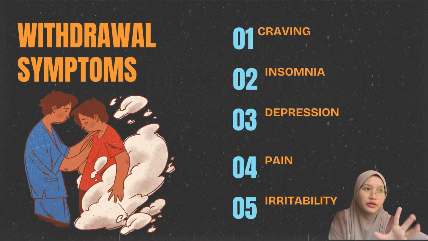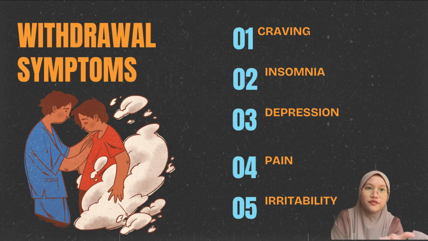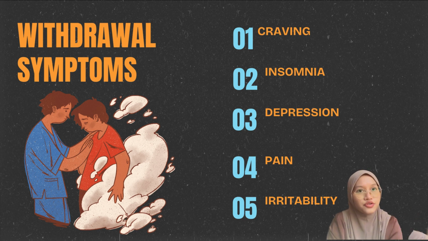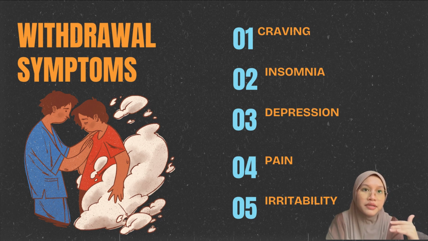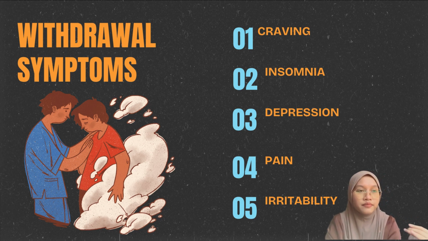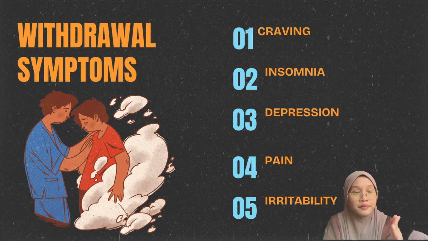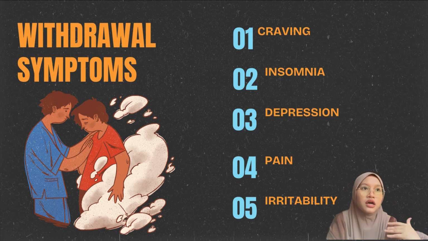Firstly, we'll talk about increased appetite as an effect of cannabis. When you stop immediately, it will cause you craving. It's the opposite side. For insomnia, cannabis basically disrupts your REM cycle. So when you stop immediately, your body tries to adjust, so it will cause you some difficulties to sleep.